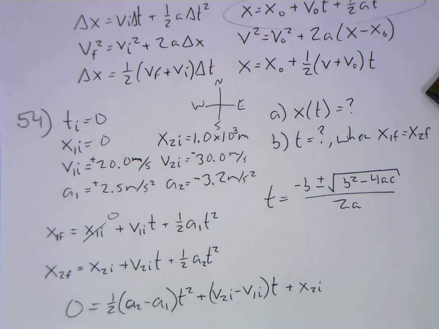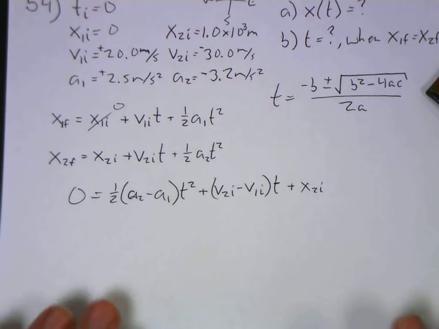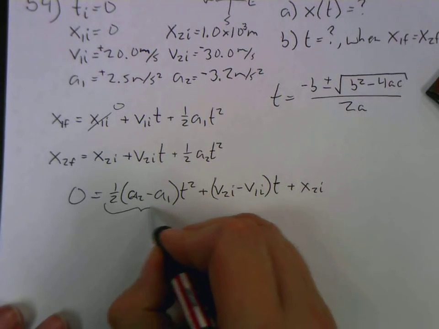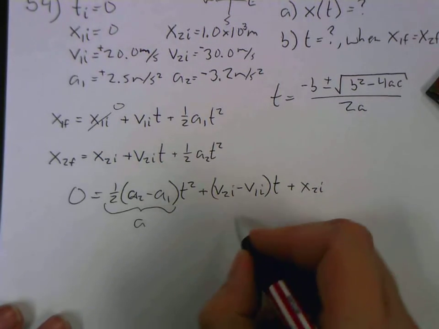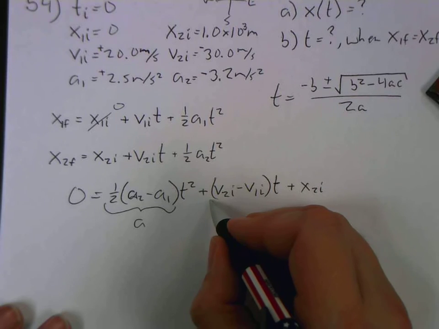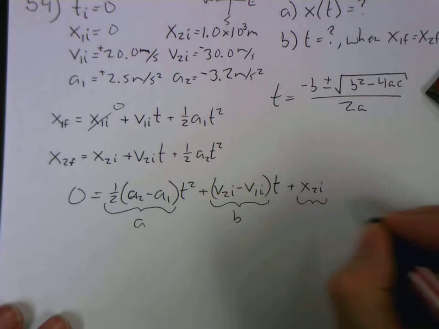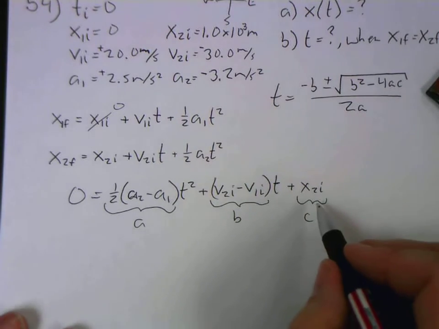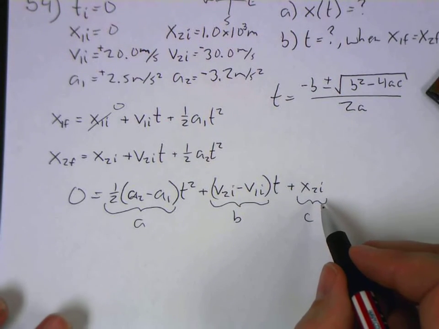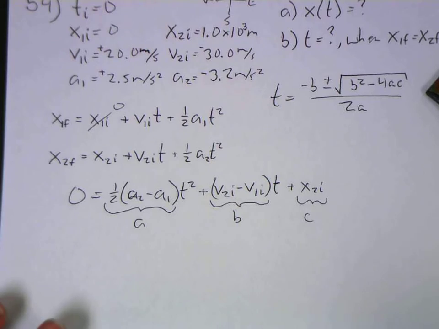Okay, you can figure out getting your math to that stage. That means that this guy here is equal to a, as far as the quadratic equation goes. This guy here is equal to b, and this little guy here is equal to c. Make sure that he is 1,000 meters and not 1 kilometer. Yes?